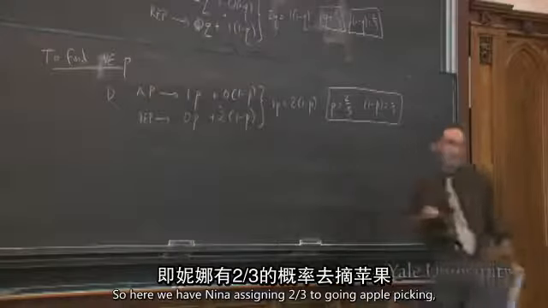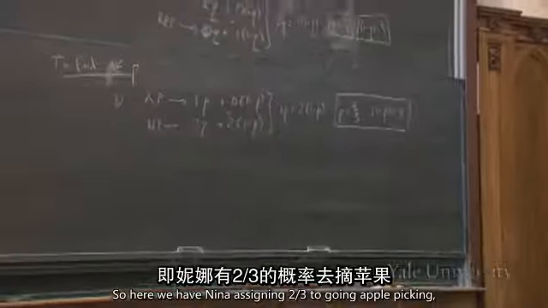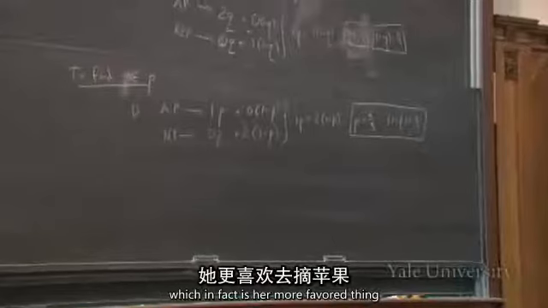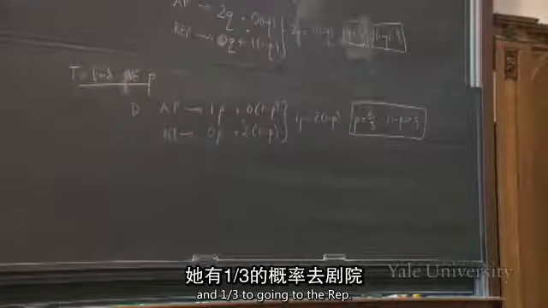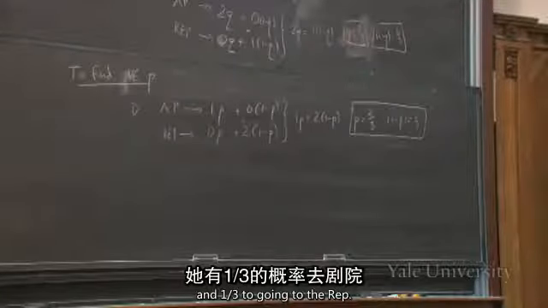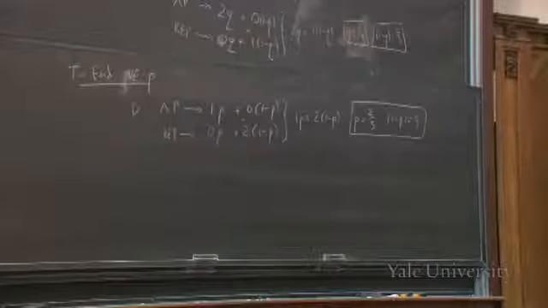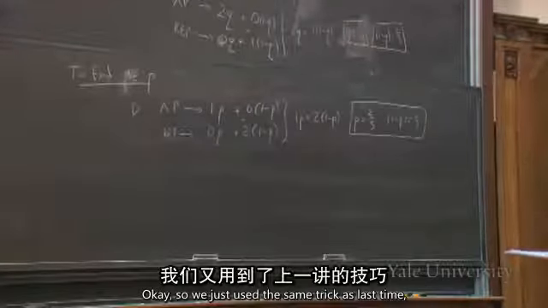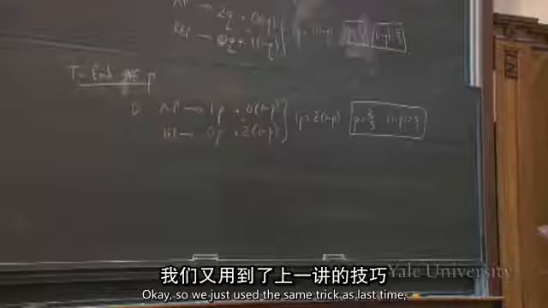So here we have Nina assigning 2/3 to going apple picking, which in fact is her more favored thing, and 1/3 to going to the rep. Okay, so we just used the same trick as last time.